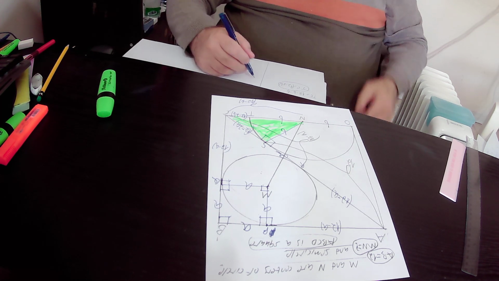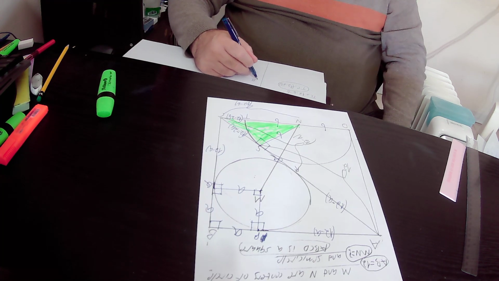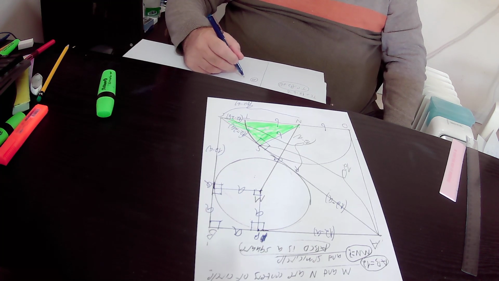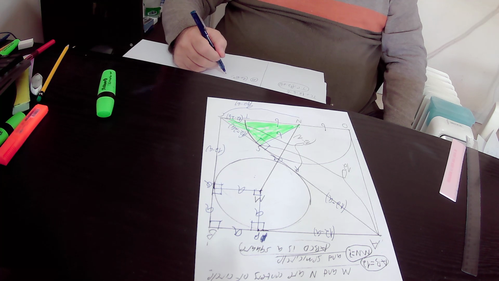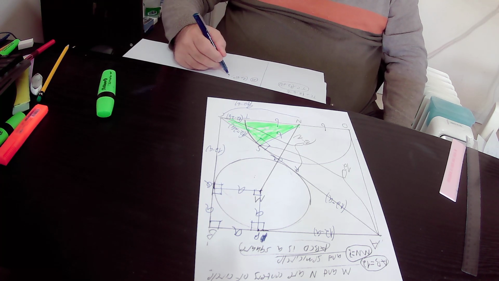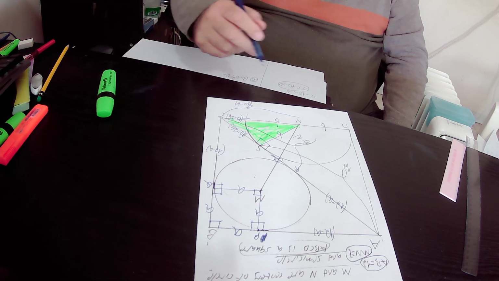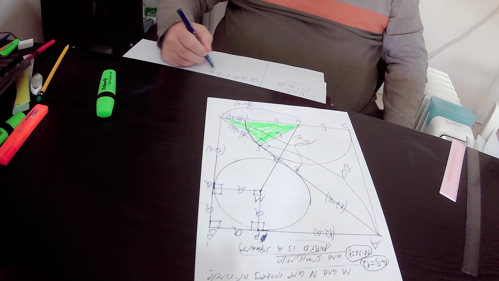So, according to equation number 2, NC squared, it is actually (12 minus B) squared, equals NS squared. NS is B, so NS squared is B squared, plus SC squared. SC equals 12 minus 2A, squared.